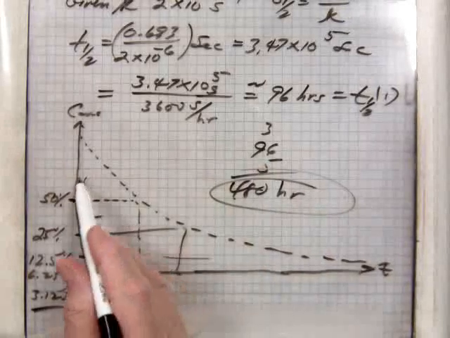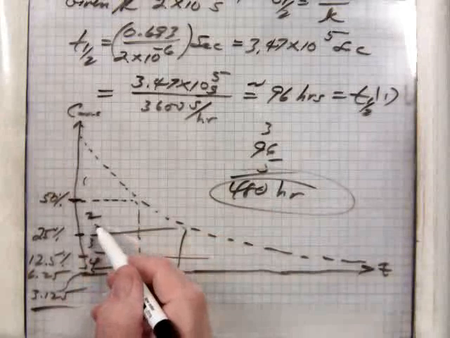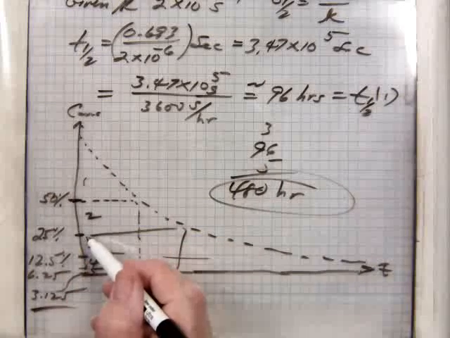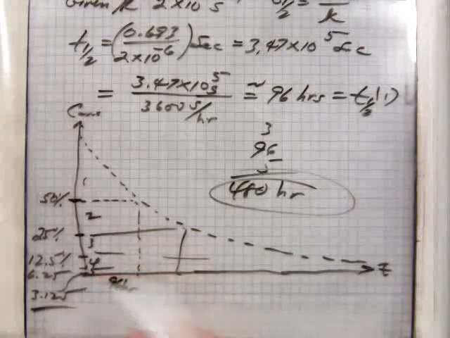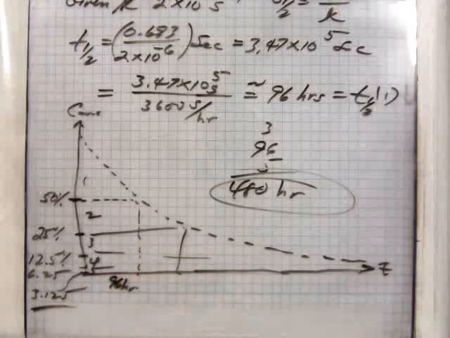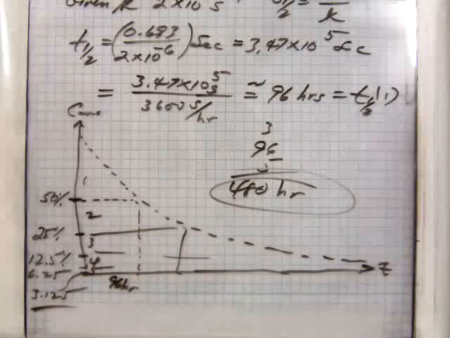But you double it for 25% remaining, triple it for 12.5%, and so forth. So you can estimate from half-life how much remains over time.